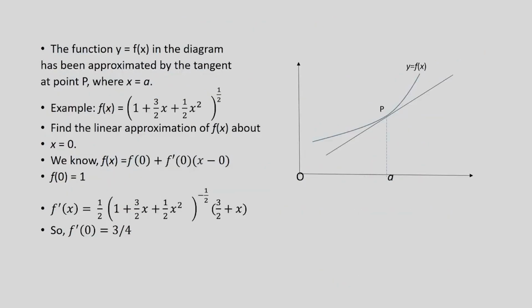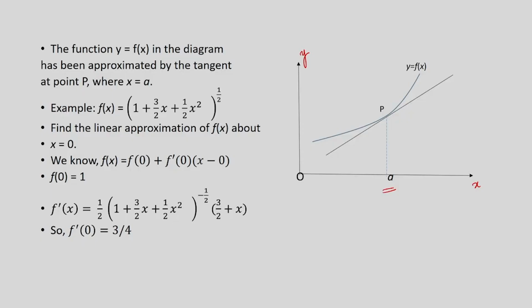Okay, here is the graphical representation of that. Along the x axis you have a horizontal line, and along the vertical axis you have f(x), which is also written as y. So, the function y equal to f(x) in the diagram has been approximated by the tangent at point P, where x equals a, small a.